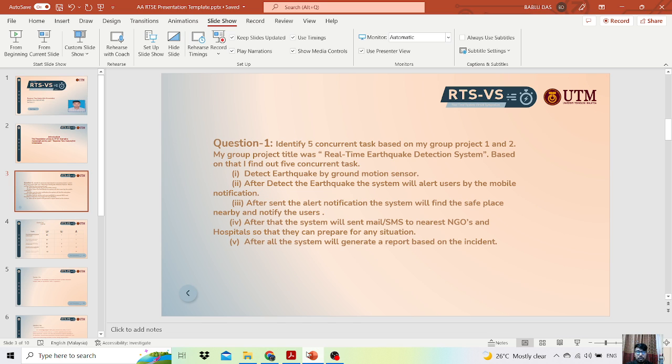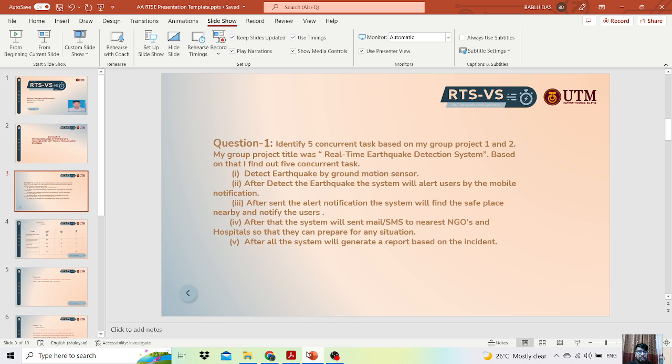The second concurrent task is, after detecting the earthquake, the system will alert all the users by mobile notification. When the sensor identifies something unusual in the ground motion, it immediately identifies it as an earthquake and sends an alert notification to the users.